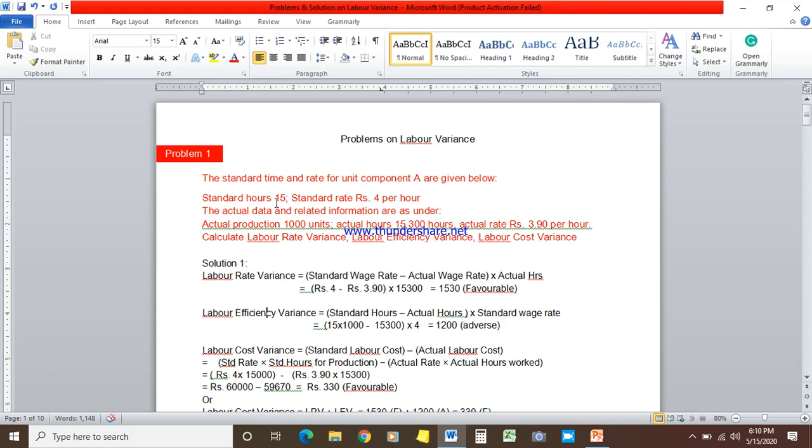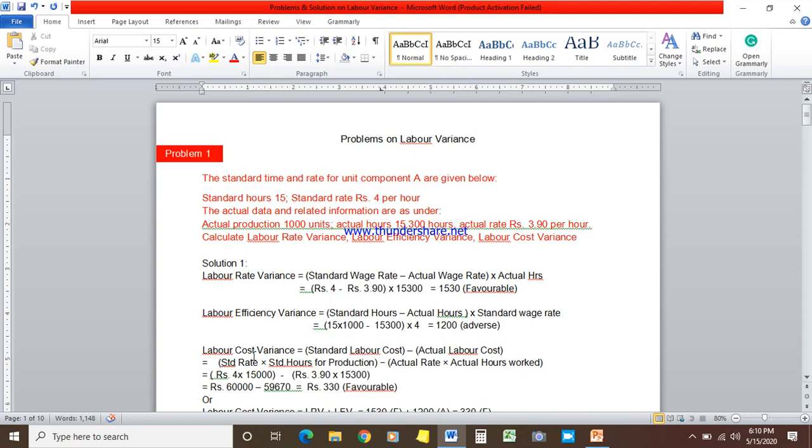The standard hours is 15 for 1 unit, but the actual production is 1000 units, so we first find the standard hours for 1000 units: 1000 multiplied by 15 becomes 15,000 standard hours, minus the actual hours taken, 15,300. The standard hours was 15,000, but the labor has taken 15,300 hours. If the actual hours taken is more than the standard, it becomes an unfavorable variance. So in this case, it is 1,200 unfavorable, or adverse, variance.